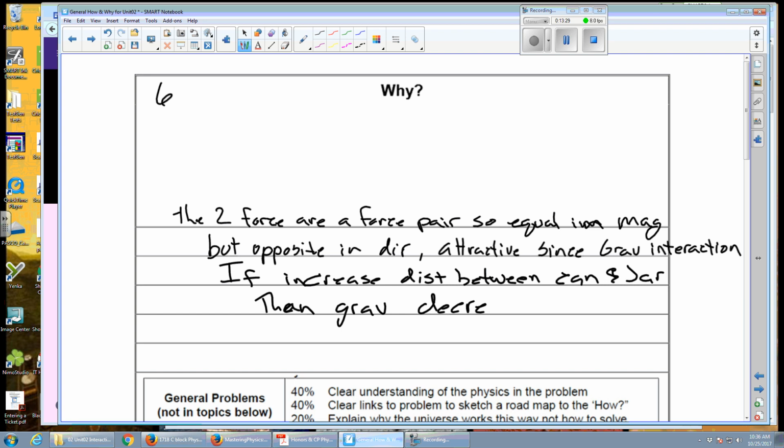Anything else contribute to the gravitational attraction or interaction between the can and the jar? I heard it. The mass. What would happen if I increased the mass of either one?